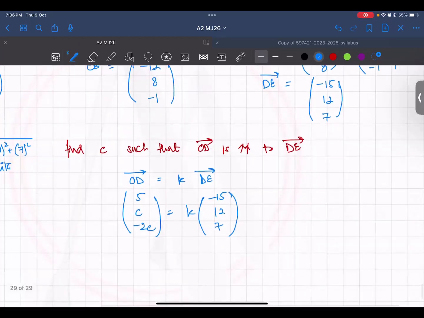Now you can equate the x with the x, the y with the y and the z with the z. So you will get 5 is equal to minus 15k. And from this, your k answer would come out as negative 1 upon 3.